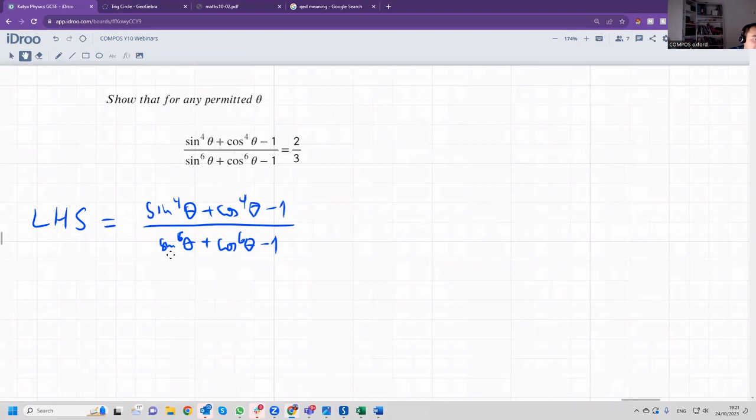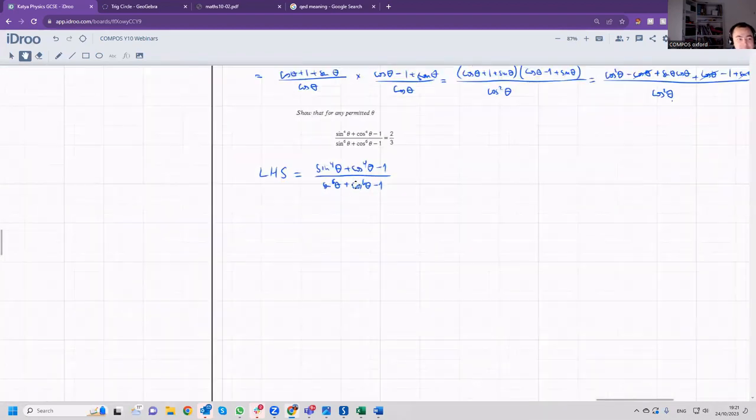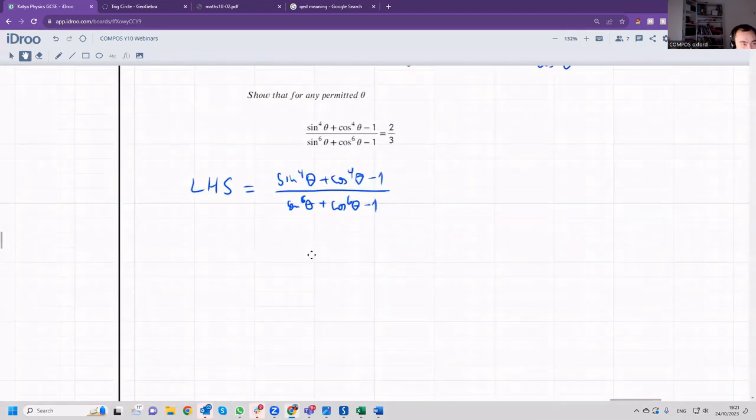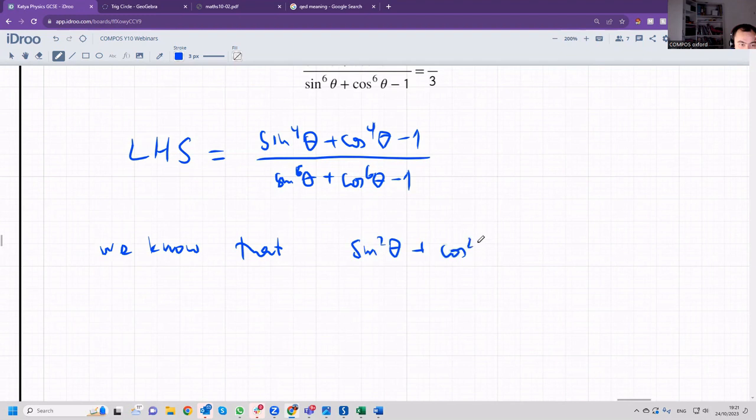To help us, we need to be very creative. We know that sine squared theta plus cos squared theta is 1.